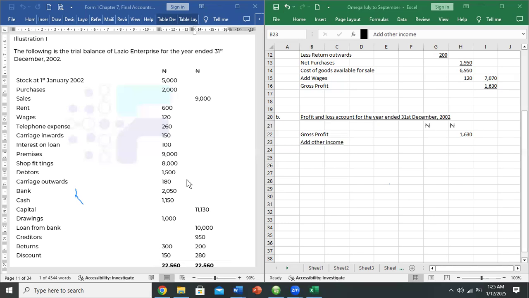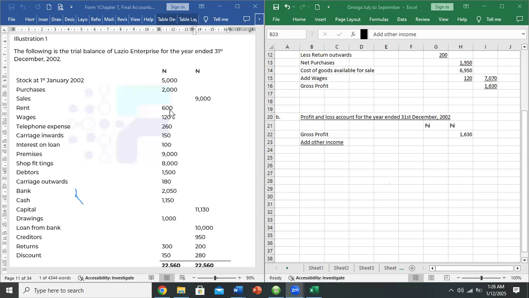Okay, anyone to assist us in that regard? I'm seeing something in the chat. Okay, Prof. Aseye is standing by rent, but I'm sorry, the rent is an expense, right? Okay, let me do this. Last time we saw that other income refers to all the gains that the business is making from other operations.